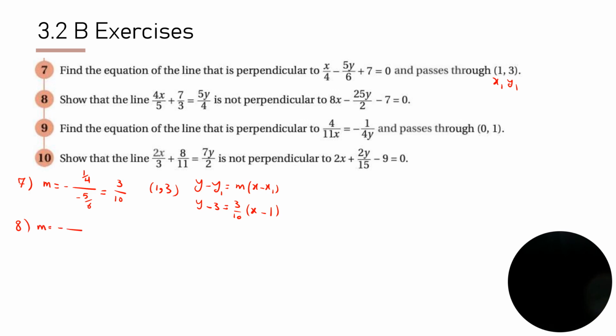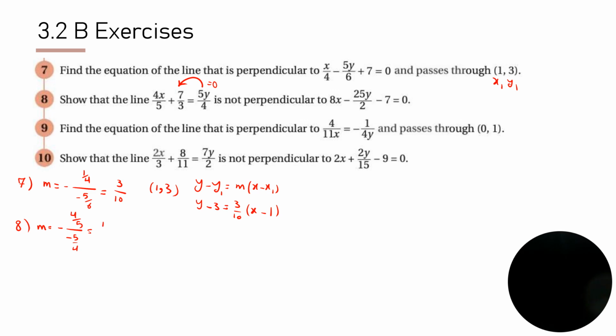So m equals negative 4 over 5 over the coefficient of y. Check this out: you have to bring everything to the left side first and put it equal to 0. When you bring it from the right side to the left side, the coefficient becomes negative 5 over 4.